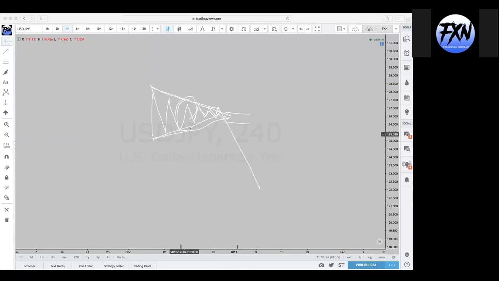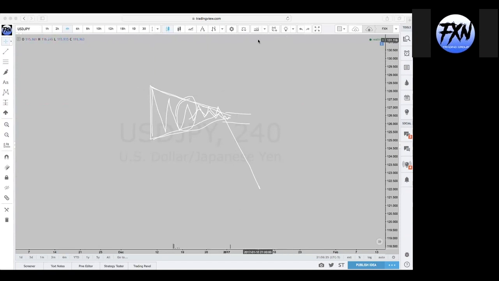And as far as your take profit, you basically take the distance from the top to the bottom of that, and you basically move it to here. It's basically a one-to-one move, right?